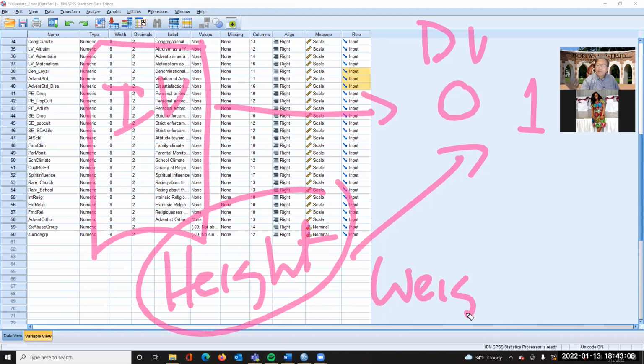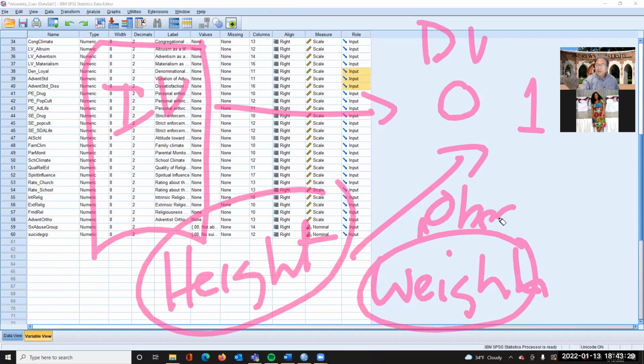Whereas weight might. Then you can say, yeah, but weight might be related to height. I mean, people who are tall are going to be heavier. But when I say weight, maybe instead of weight, we might want to look at obesity, right?